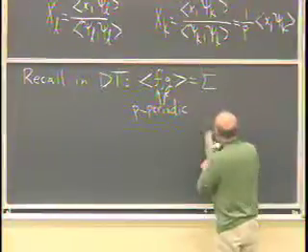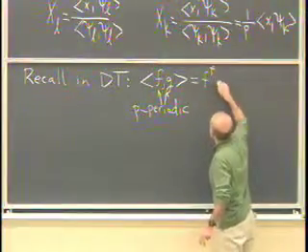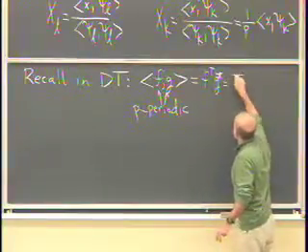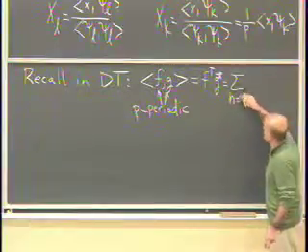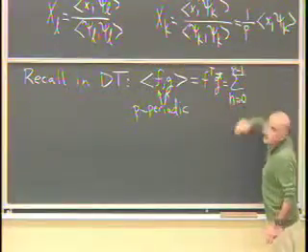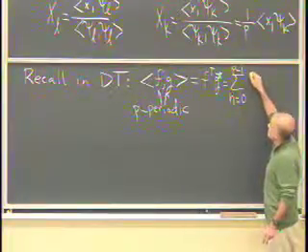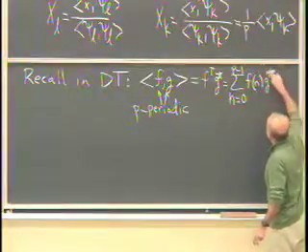Sure, I can use F transpose G conjugate if you want, which ended up being, if I look at one interval or one period, the sum of F of n, G conjugate of n.